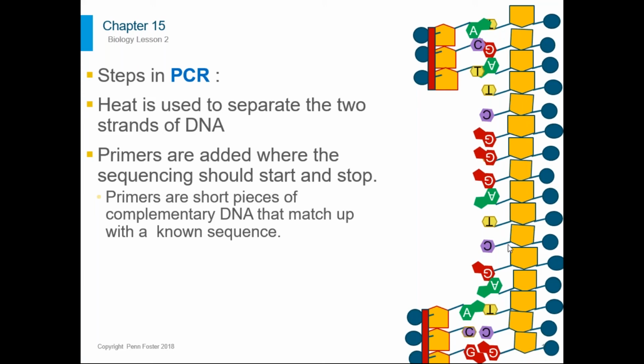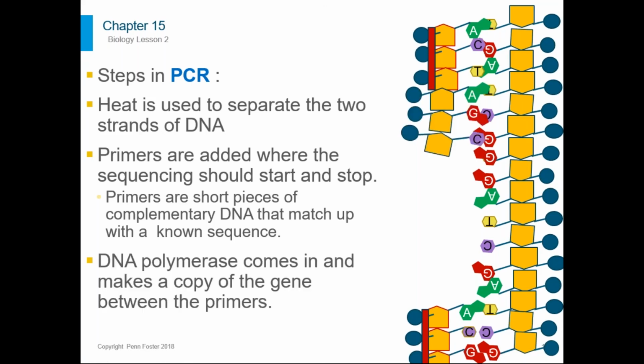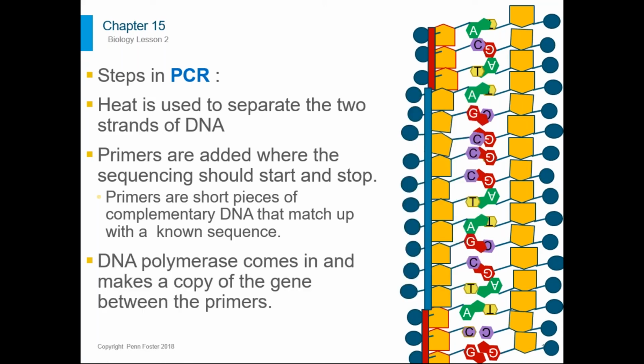Those hook onto the original DNA and kind of tell it we're going to start here, we're going to stop here. And then the DNA chunk that we want gets filled in. It just uses the base pairing rules to match with the DNA that's already there. The nucleotides come in, and DNA polymerase comes in and makes a copy of the gene between the primers.